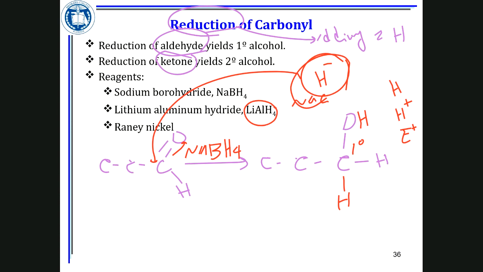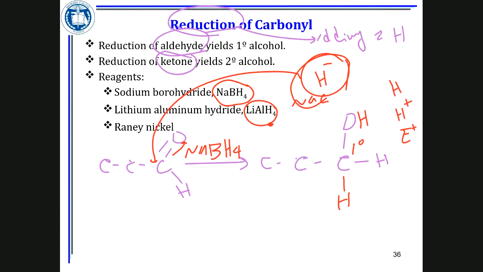That's the similarity. What is the difference between sodium borohydride and lithium aluminum hydride? The difference is that lithium aluminum hydride is a stronger reducing agent, and sodium borohydride is a weaker reducing agent. Sodium borohydride can reduce aldehyde and ketone.